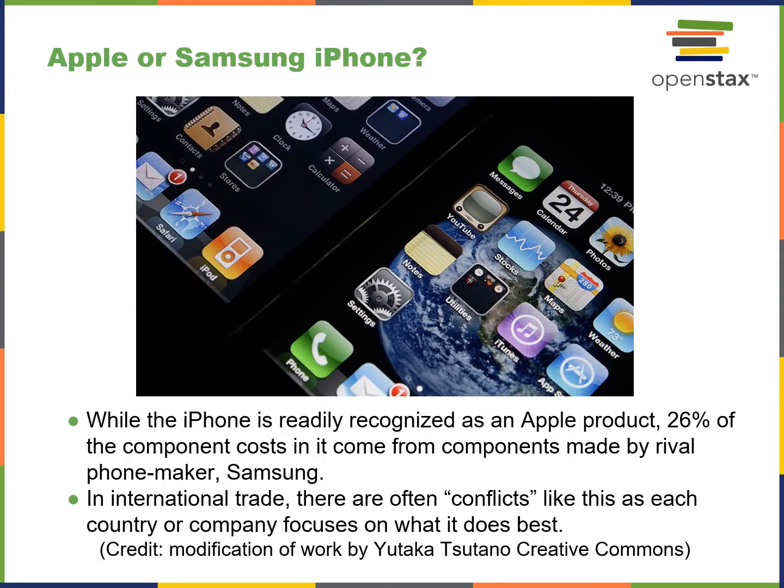Apple or Samsung iPhone. When you take a look at a smartphone, it consists of a great number of components, not all of which are created by Apple or Samsung. As a matter of fact, they're made by chip manufacturers like Intel or NVIDIA and many others.